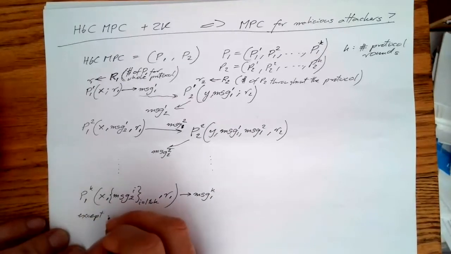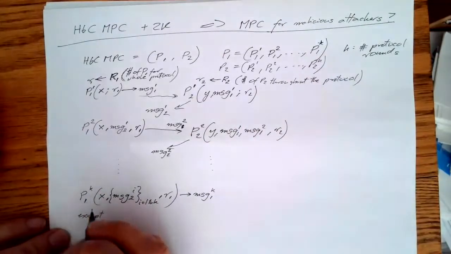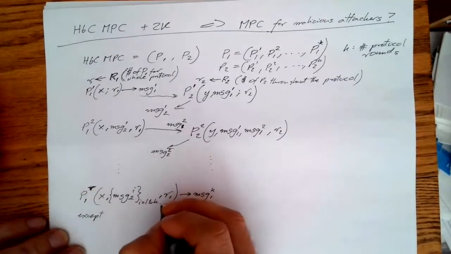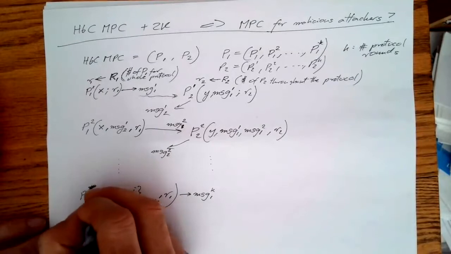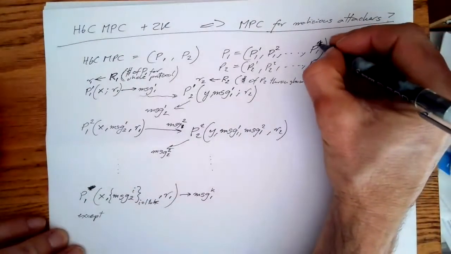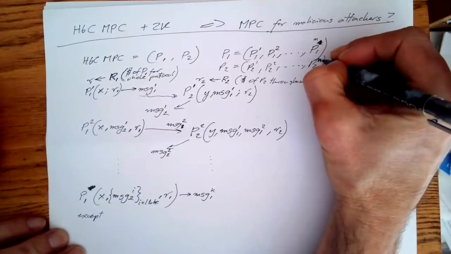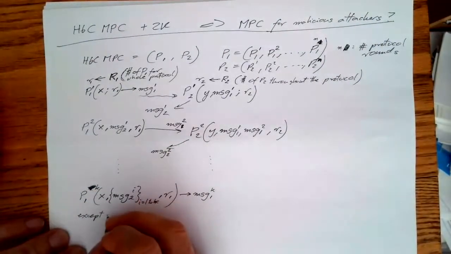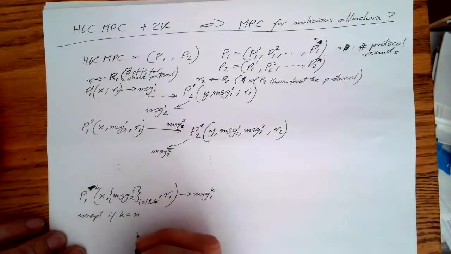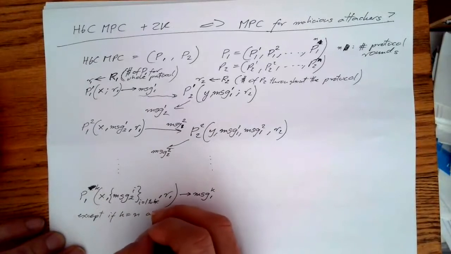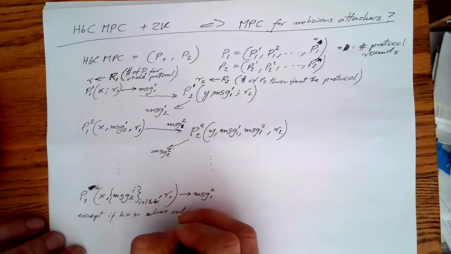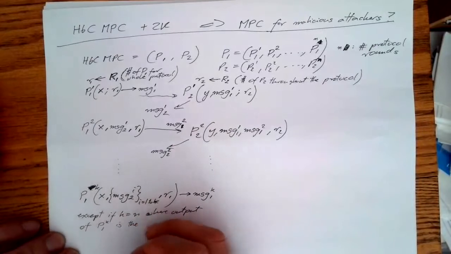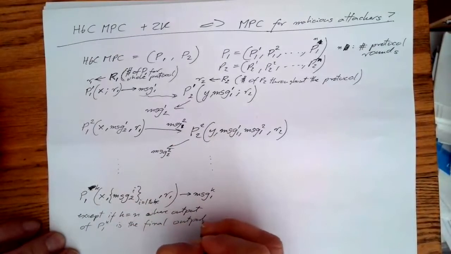Let's make N the total number of rounds, and keep this being K, except if K is the final round, the output of P1 in round K is the final output of P1.